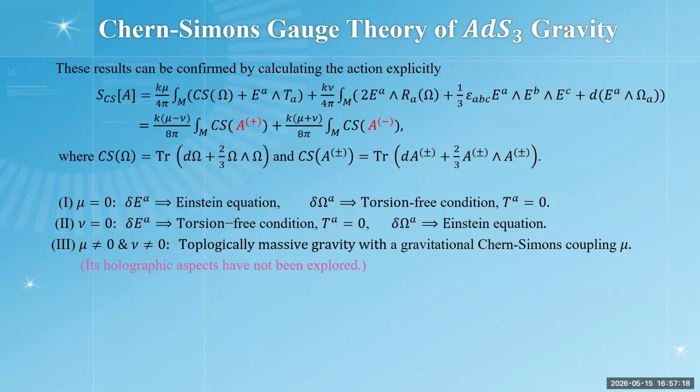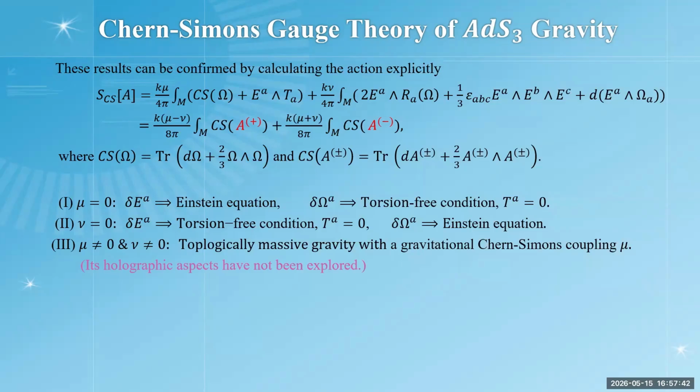But if you allow both terms, then according to Witten, this theory describes topologically massive gravity with gravitational Chern-Simons coupling, this one. But this is very similar to Maxwell Chern-Simons, because here the number of derivatives of the metric is 2, right?